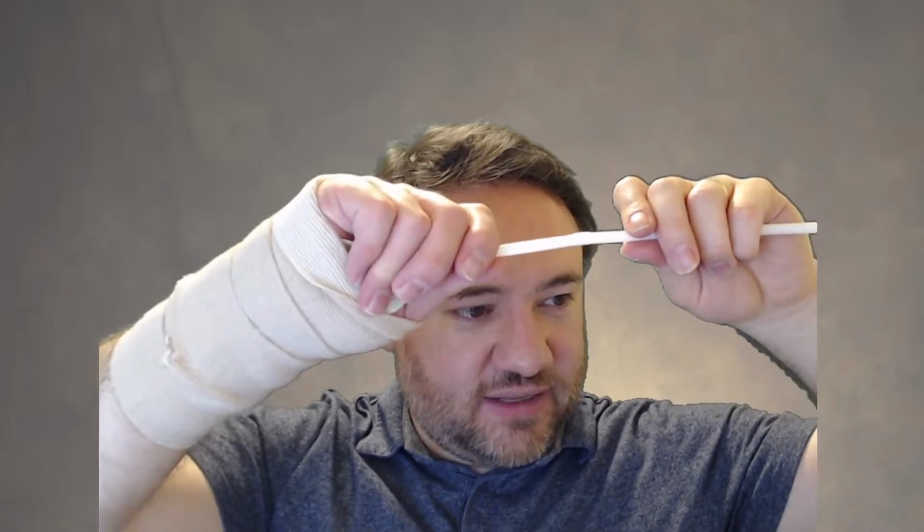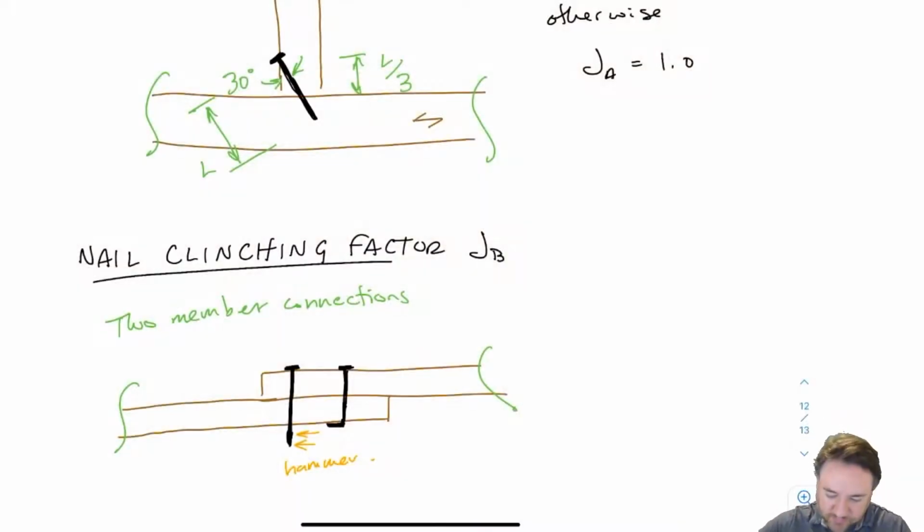But if this is restrained by the clinching, then as it moves down, it is engaging this nail more and more in tension than it would have otherwise. So it provides even more strength on top of what we would already be assuming for the rope effect, for example. So it holds everything together better, basically.